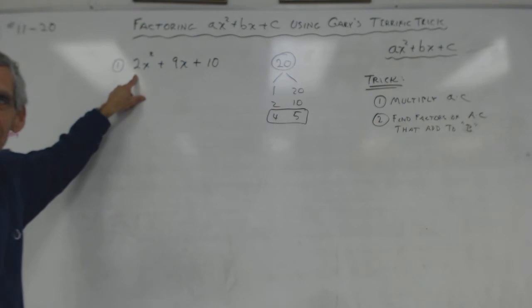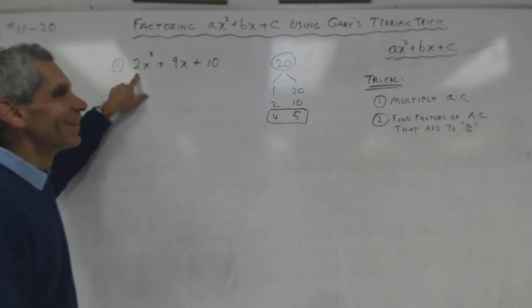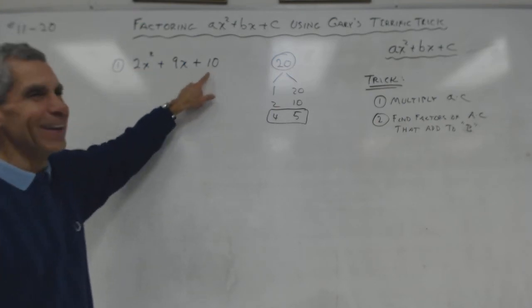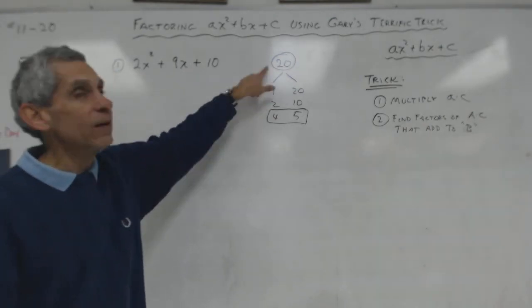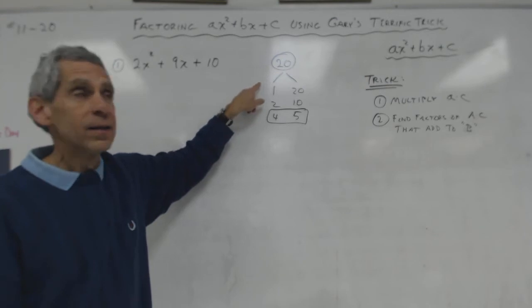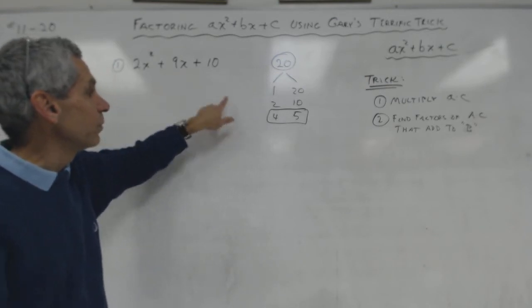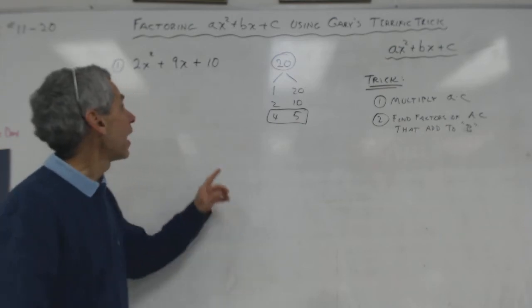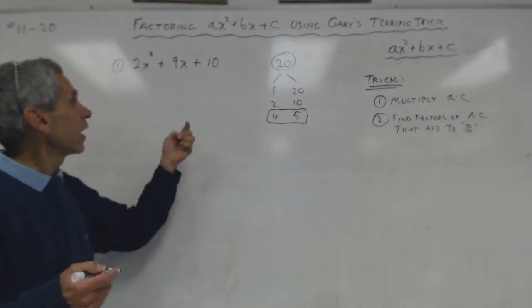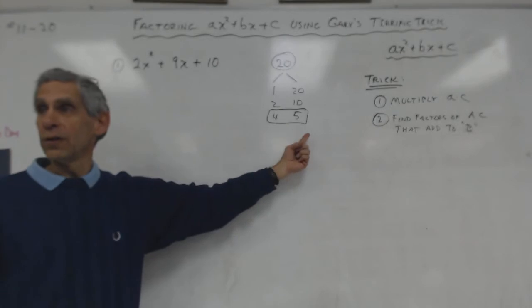So 2 times 10 is 20. And so I'm now looking for factors of 20 that add to the middle term b, which is 9. Do you guys agree with me that 9 is the same as 4 plus 5?